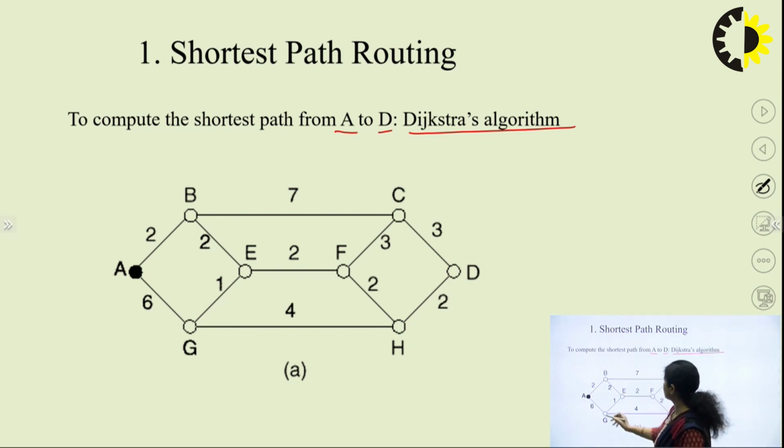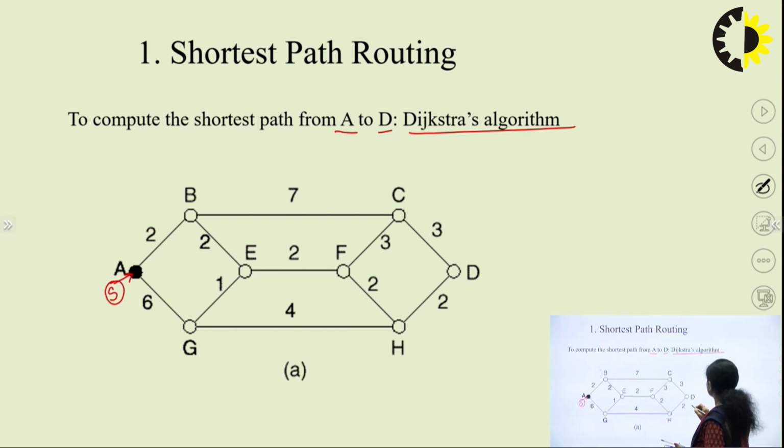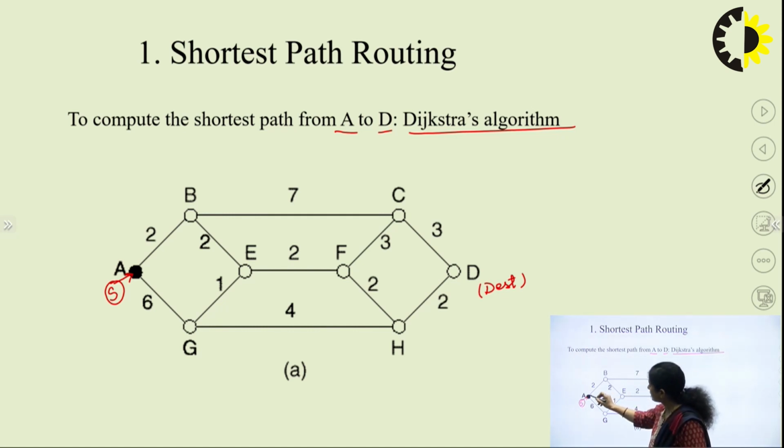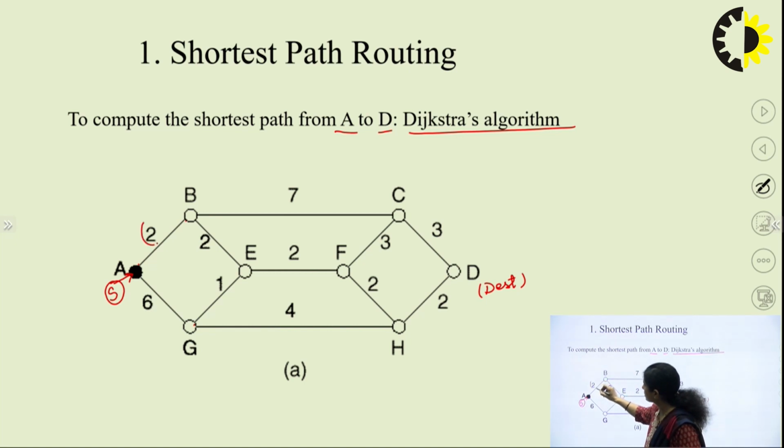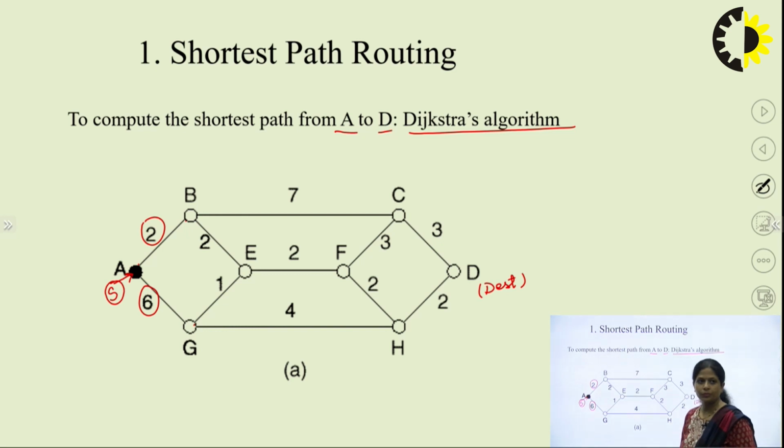Suppose the source is A and the destination is D. If we see node A, from node A we have two paths, A to B and A to G. We see the distances: A to B is 2 and A to G is 6.